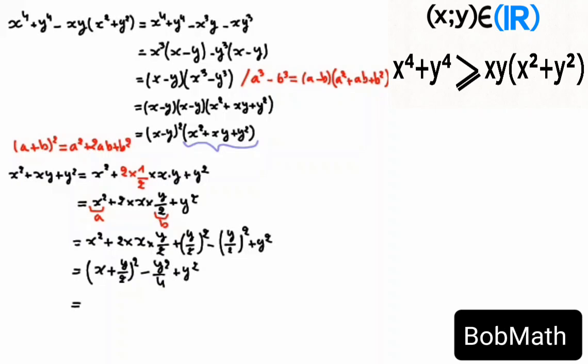Therefore (x plus y divided by 2) all square minus y square divided by 4 plus 4y square divided by 4. And therefore (x plus y divided by 2) all square plus 3 divided by 4 y square.